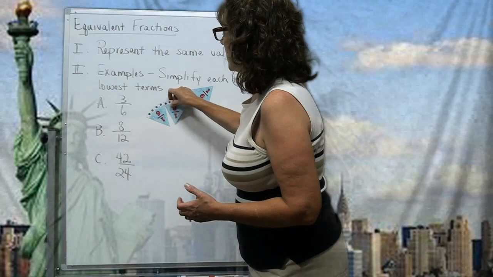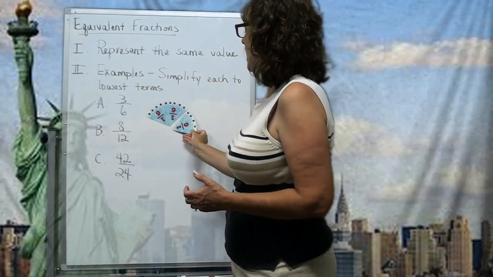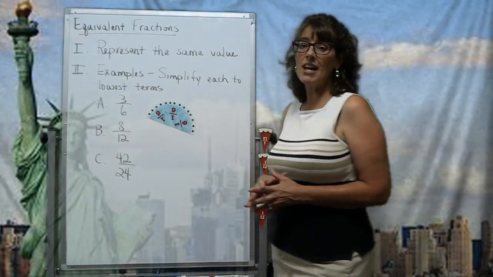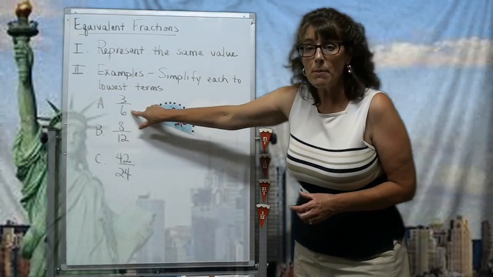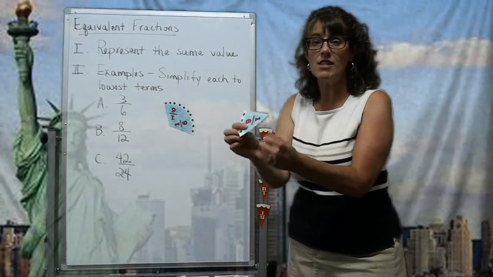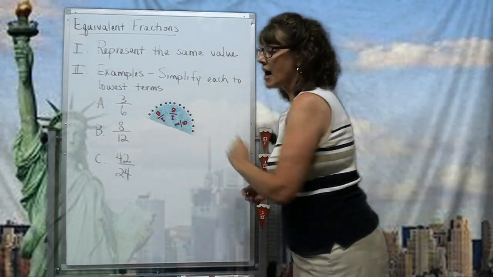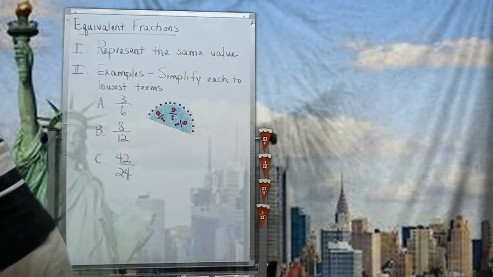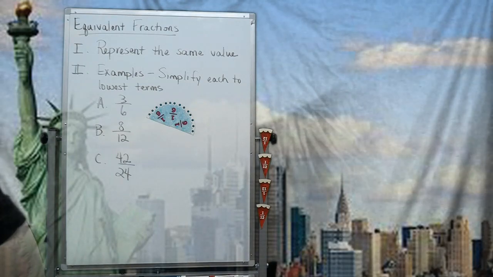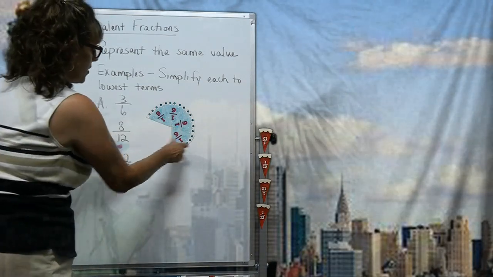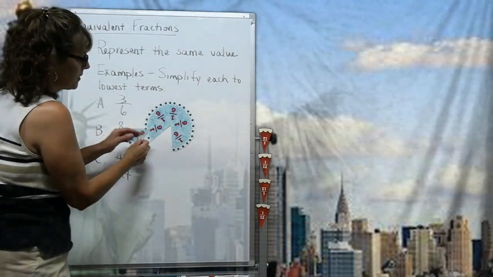Remember, that denominator says, well, if I took that whole pie and I cut it into sections, this size of section right here, it would take 6 of them to make an entire whole pie. And you can see that as I put 6 of these pieces together, sure enough, they do make one whole pie.